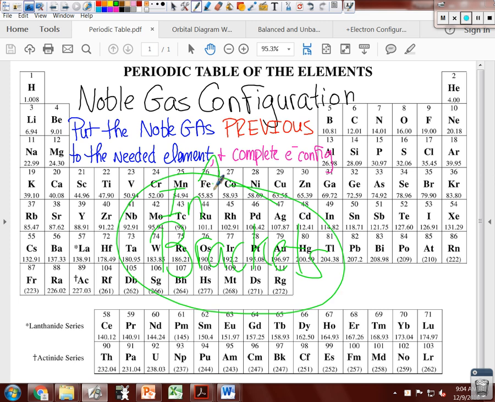So, put the noble gas previous to the needed element in brackets and complete the electron configuration. And I promise it'll make sense whenever you see it.